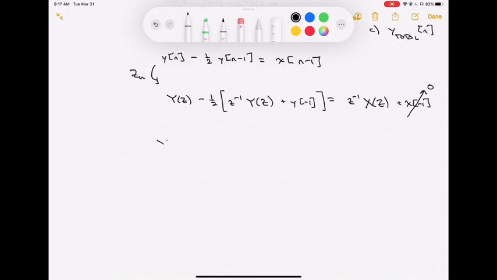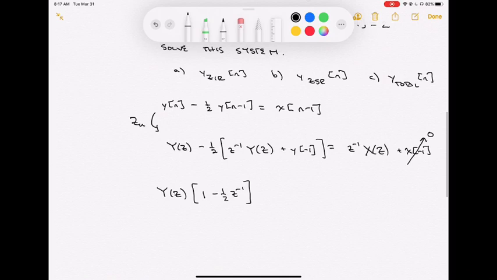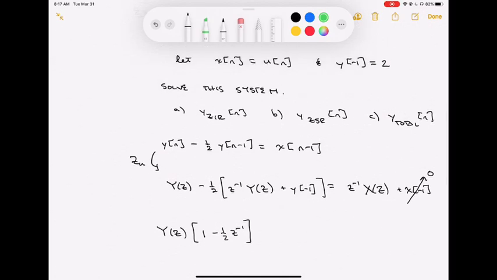So I'm going to collect all the things that have that output y. I'm going to have Y of z, and the first part that had that, there was just a 1. That's the first term. And there's a minus 1/2 z to the minus 1. Our y of minus 1, we had seen that before when we first laid out the problem statement. Our initial condition was 2.